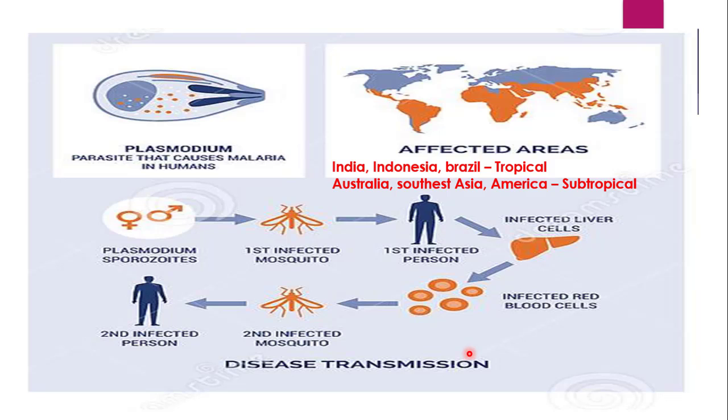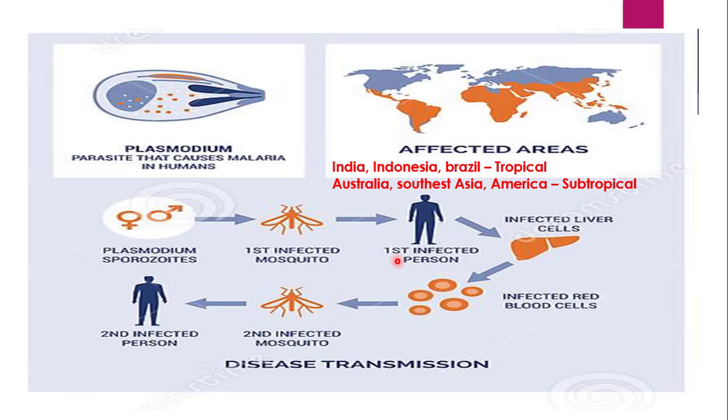On maturation, the mosquito will bite, and by sucking the blood the parasite enters into the mosquito, and again this mosquito will bite another person and infect some other person. So this is the complete cycle.